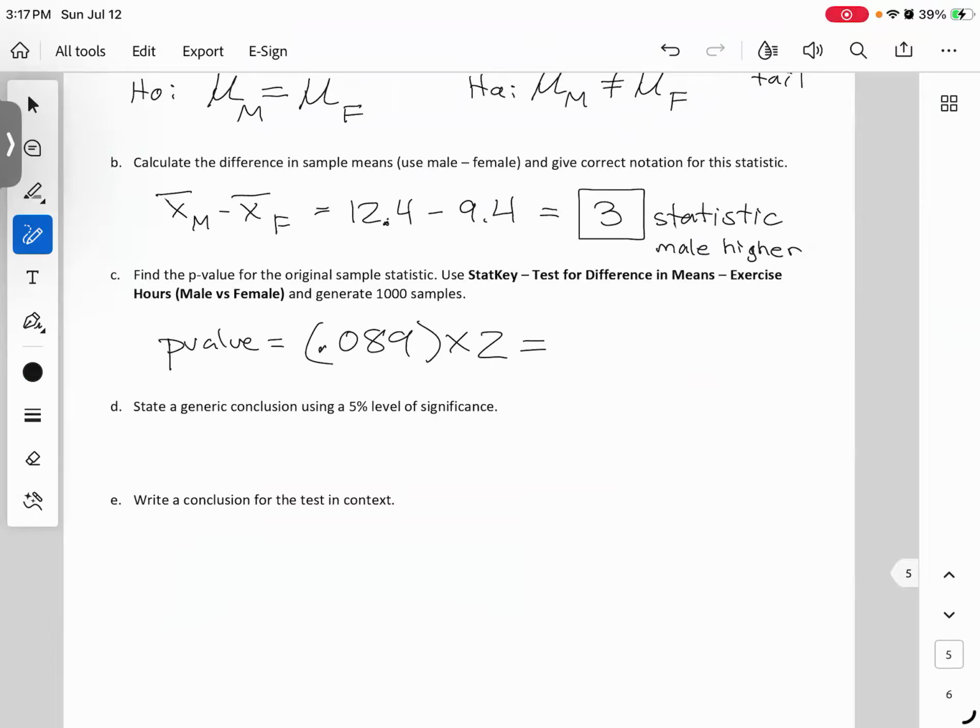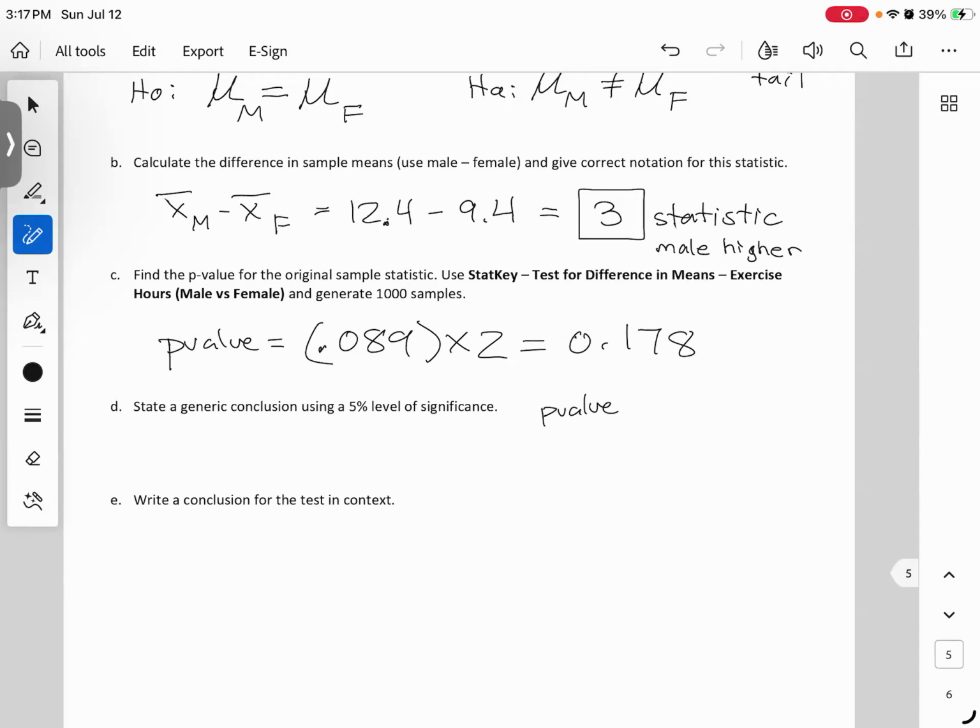So if it had strictly like less than, you don't have to do this. But we do, since it's a two tail. So you're going to get a really big p-value. I got 0.178. If you got something like 0.2 something or 0.189, like you're good.